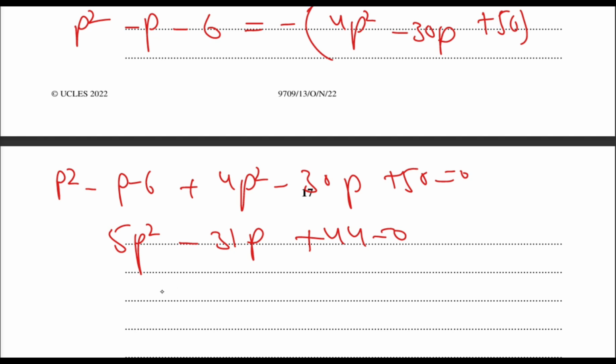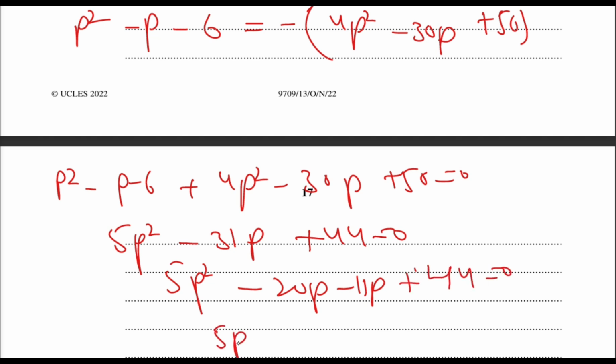By middle term break, we will make it 5p square minus 20p minus 11p plus 44 equal to 0. Taking 5p common, we will have 5p(p minus 4) minus 11(p minus 4) equals 0.